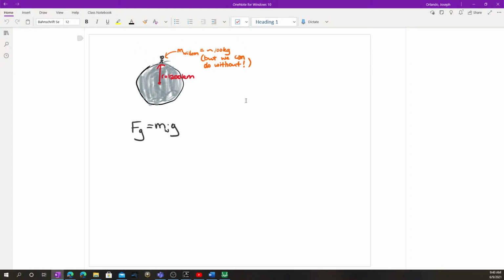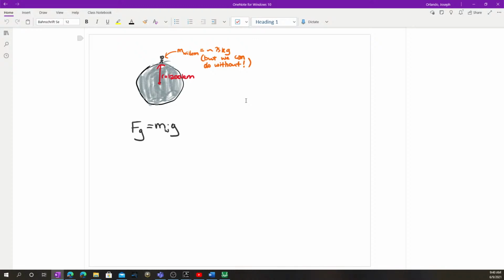So that's good. So I no longer need to insultingly imply that Willem is probably in the range of 75 kilograms. I don't know. So there we go. So now, let's see where we can go from there. We know that the force of gravity should be equal to mass times that.